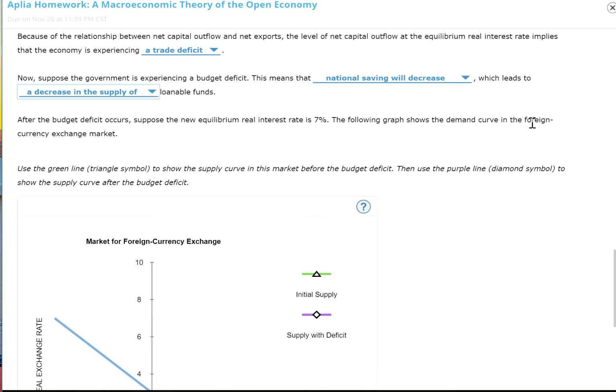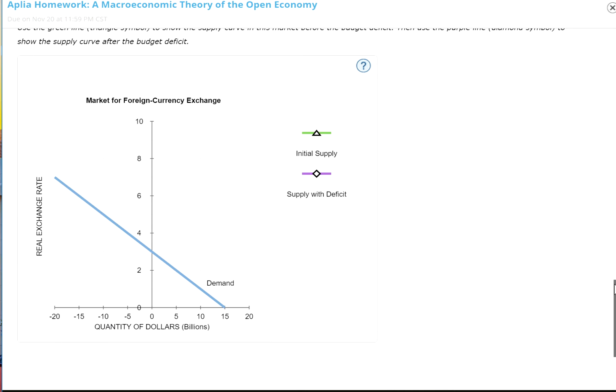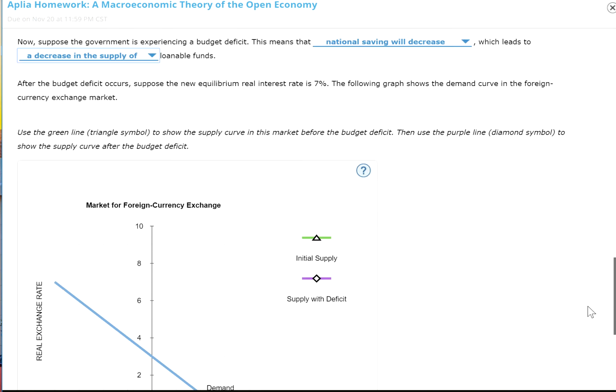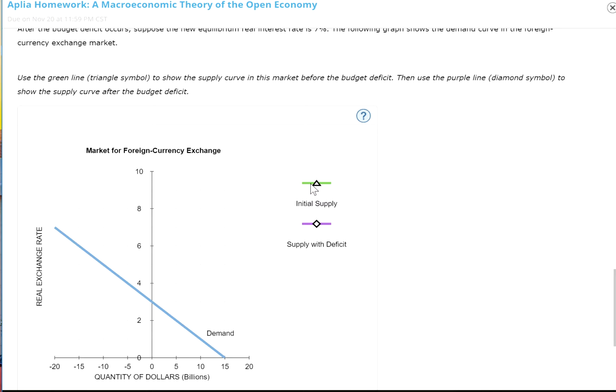So next, let's draw our supply of loanable funds. The initial supply at, did we say 5%? I think we said 5% equilibrium, right? Equilibrium at 5%. Okay. So the initial supply at 5%, that's the initial supply. And then the new supply with the deficit at 7%.